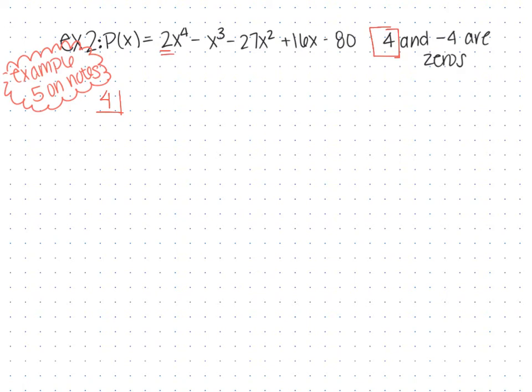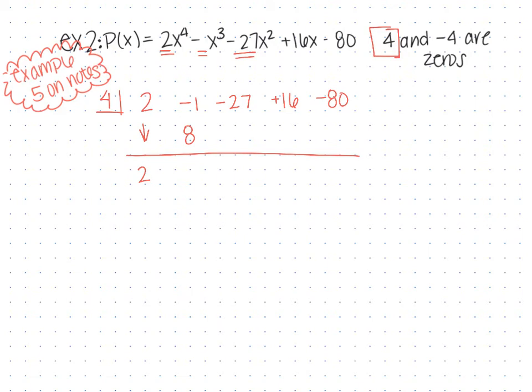So I take the coefficients 2, negative 1, negative 27, positive 16, and negative 80. Now I'm going to carry down the first one, and remember I multiply on the diagonal, so 4 times 2 gives me 8. Once I get them lined up in the column, then I add.